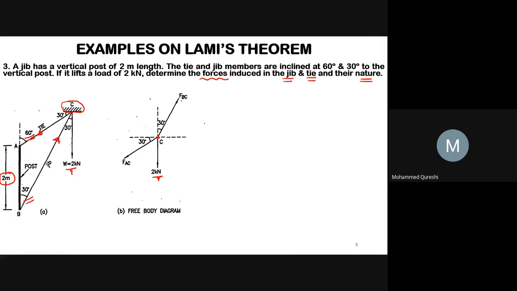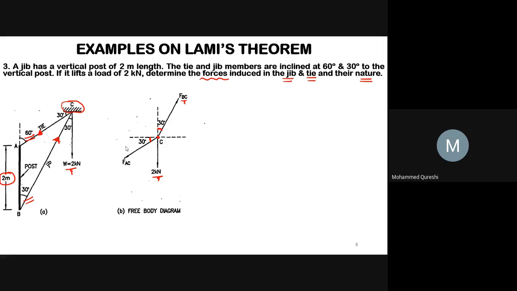So FBC is in the upward direction, making an angle 30 degree with the vertical component, and FAC is making an angle 30 degree with the horizontal component.